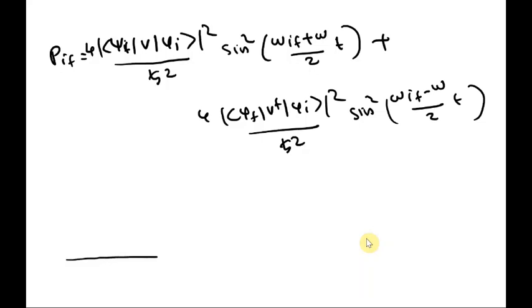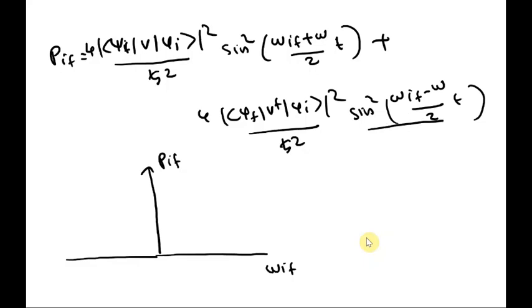If I plot omega if here and transition probability on the y-axis. Okay, I forgot one term here.